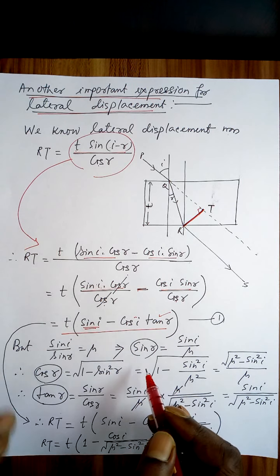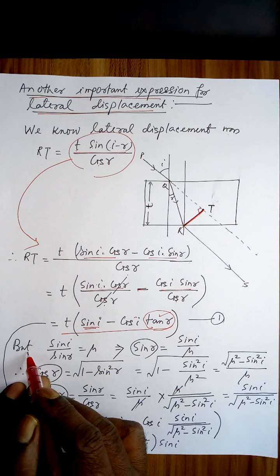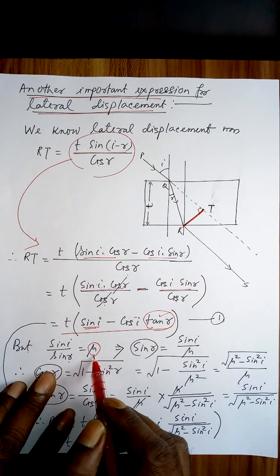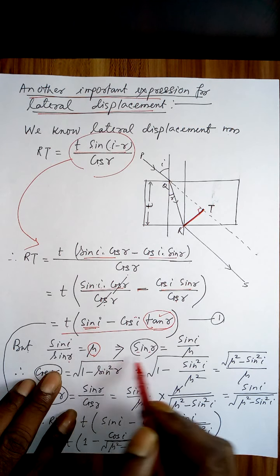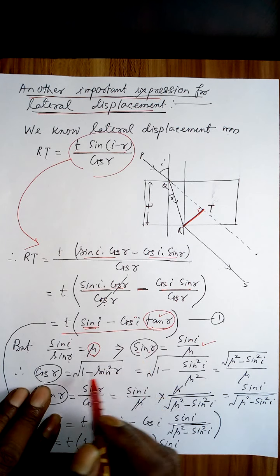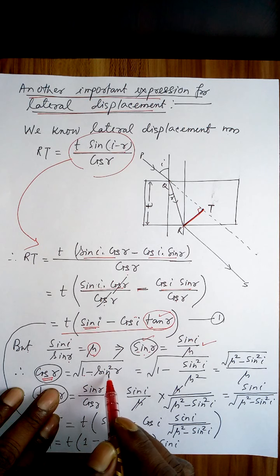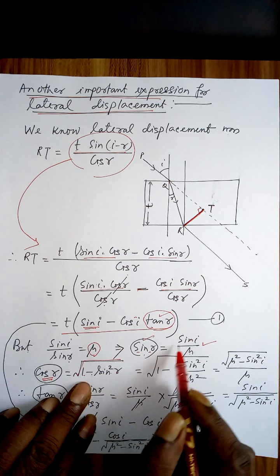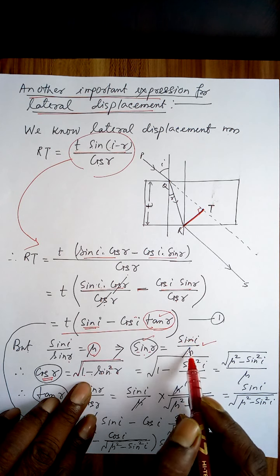Now, how to put the value of tan R? We know sine I over sine R is equal to refractive index. So, cross multiplying, sine R is equal to sine I over mu. And since we know sine R, cos R is equal to the square root of 1 minus sine square R. Sine R is sine I by mu, so sine square R will be sine square I by mu square.